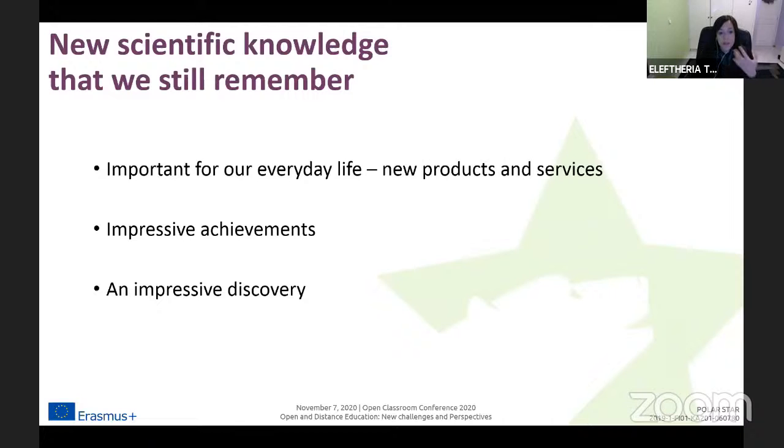If it's something impressive, an impressive achievement or an impressive discovery. So this is the part where you see a concept in action. We make use of a concept to produce something meaningful or to serve a need. So this is closer. It's like we're looking at a concept in action. Try to keep that in mind.